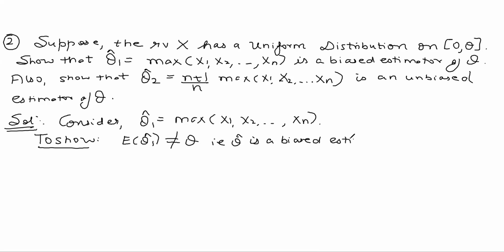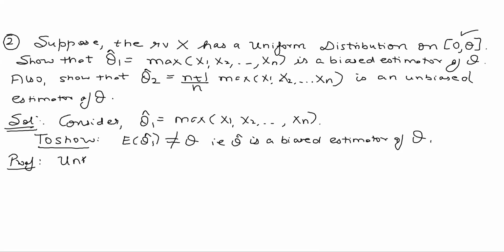Now guys, we'll be proving this using theoretical argument, so we'll be using some logic. First of all, students should see that my x has a uniform distribution on 0 to theta, and my estimator is theta 1 hat, which is max of x1 to xn. Now when we talk about unbiasedness, let's look at the proof.